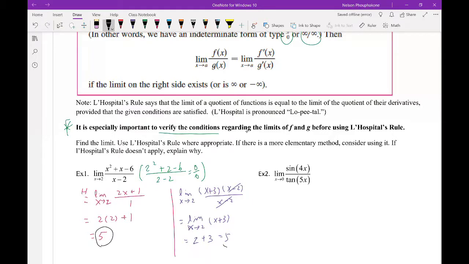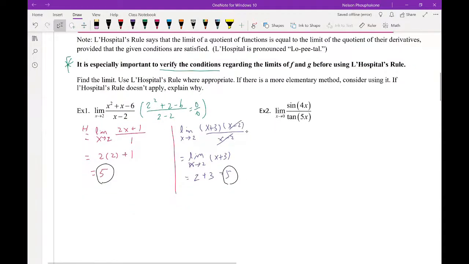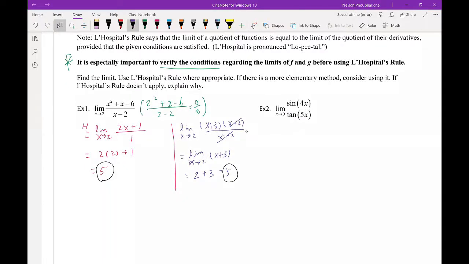Now, how about number 2 right here? Of course, we could try to evaluate. Sine of 0 over tangent of 0, we know that it's 0 over 0. Again, an indeterminate form. In this case, we could apply the L'Hopital rule.